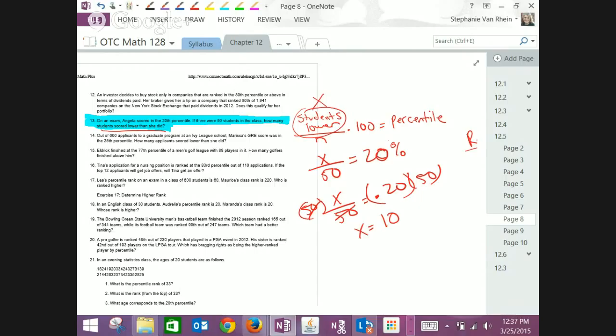That will make a lot more sense when we get to the normal distribution curve, because then we're going to have numbers up here, and a score here represents the exact same thing on the left side as the right side.